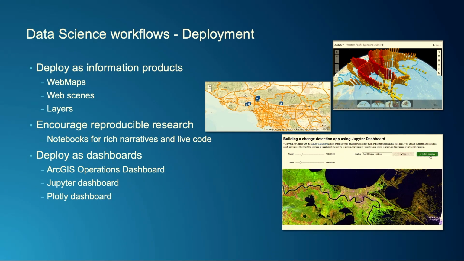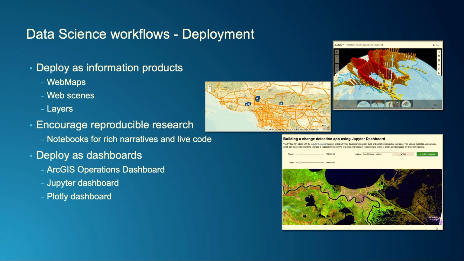Jupyter notebooks by themselves are a good way to produce a rich narrative study. A lot of the samples in the notebooks that you saw today have a lot of text, they have a lot of images, you can also embed videos, and you can also embed maps and iframe any kind of dashboard into your notebook.